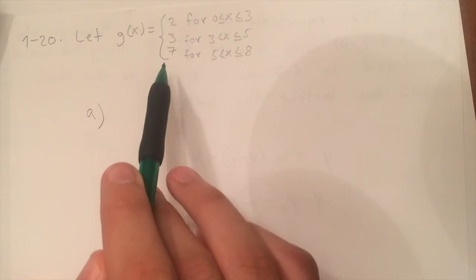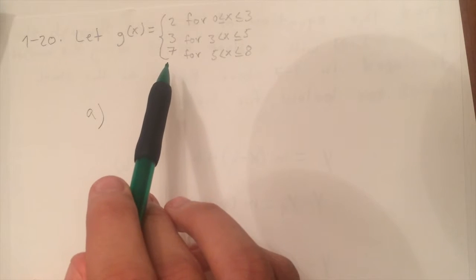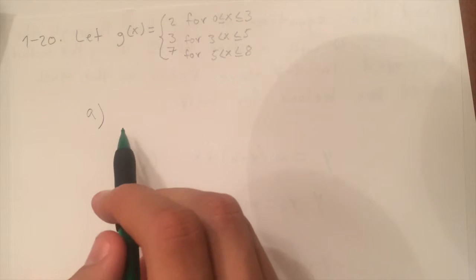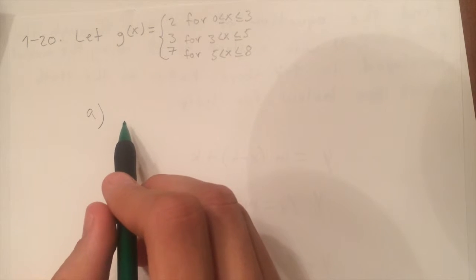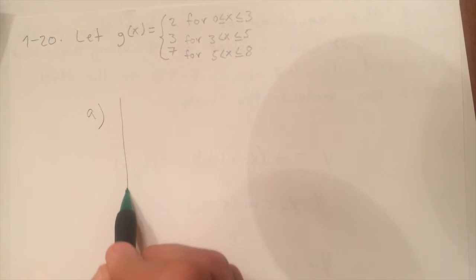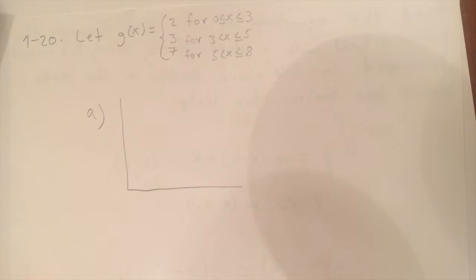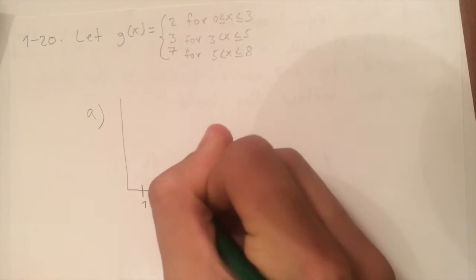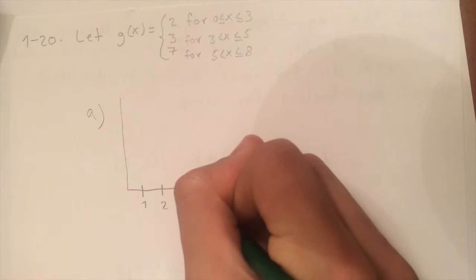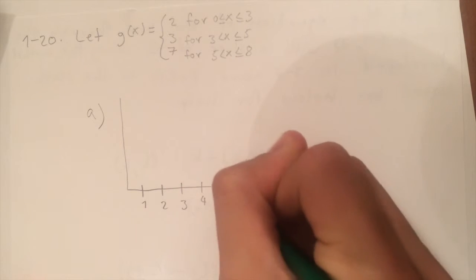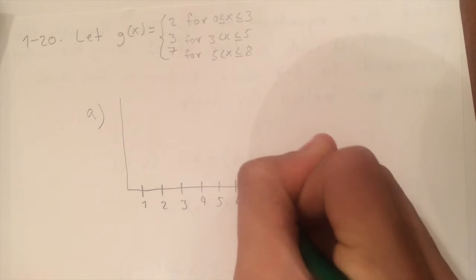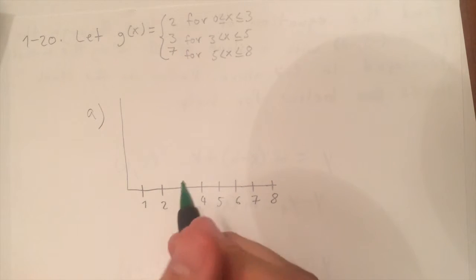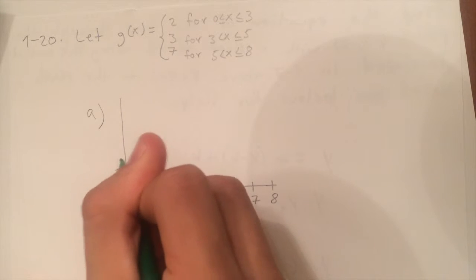So in all three of these cases, it's a horizontal line at different parts of the coordinate grid. For the first, let's draw the grid, and we can just go in increments of 1. And then here we need to go up to 7.